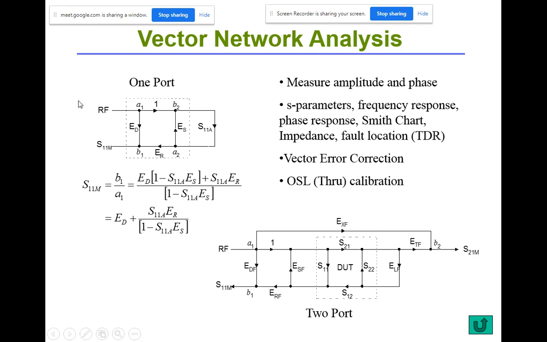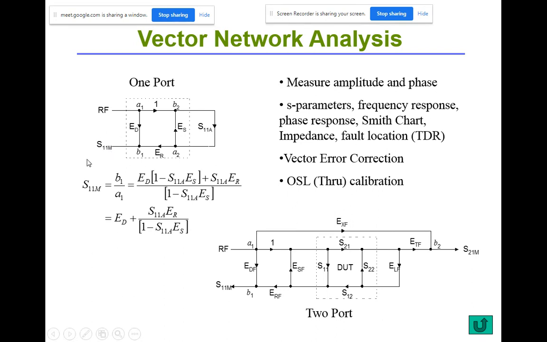Whatever is measured by the network analyzer is the measured value S11M, not the actual S11. So we need to know the relationship between S11A and S11M, then only we can find S11A from the measured S11M.